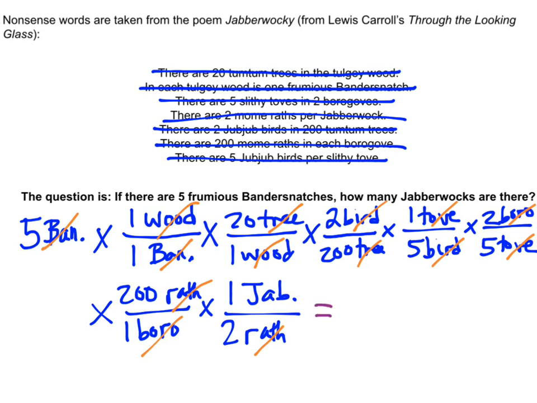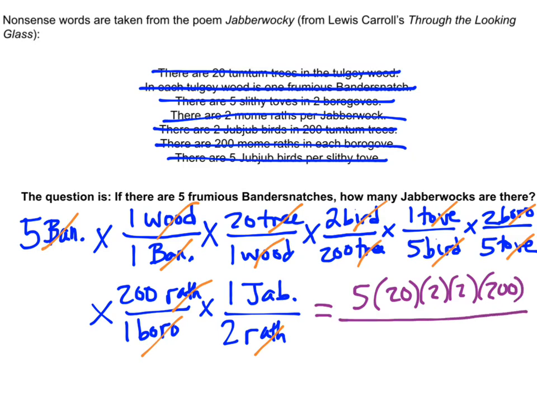All right, so in the numerator, we've got 5 times 20 times 2 times 2 times 200. And in the denominator, I have a lot of 1s, but I do see 200 times 5 times 5 times 2. Okay, and then you can multiply everything out and divide it.